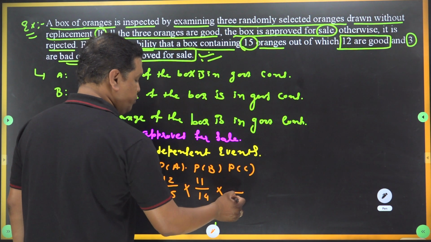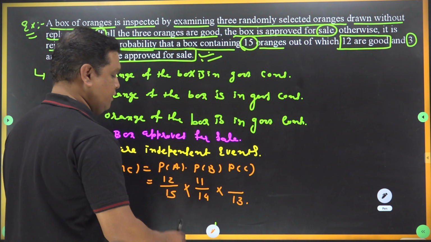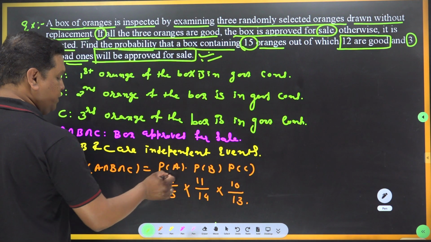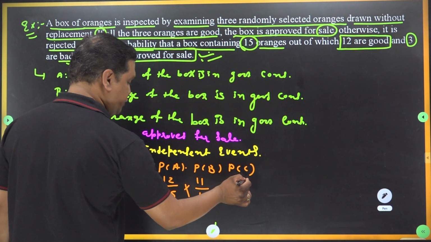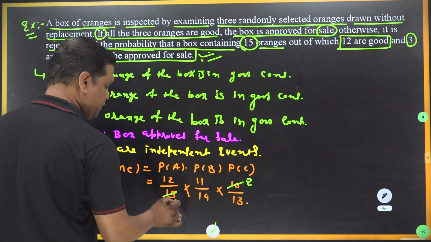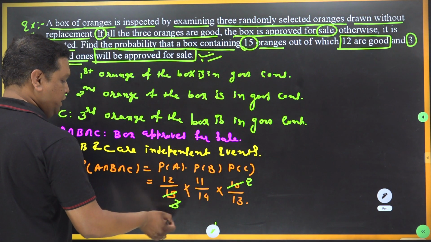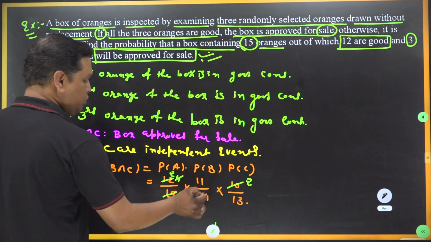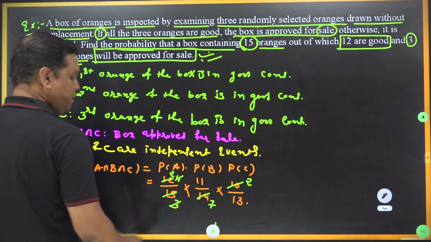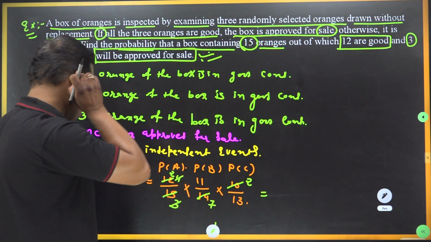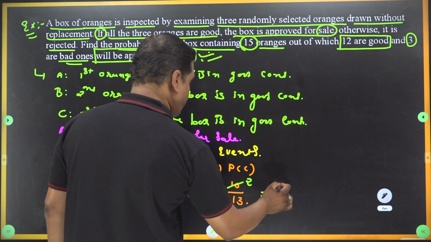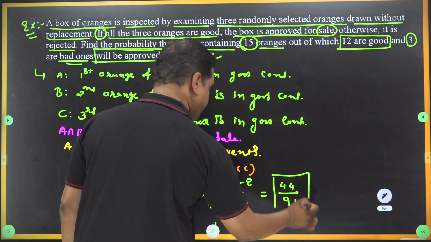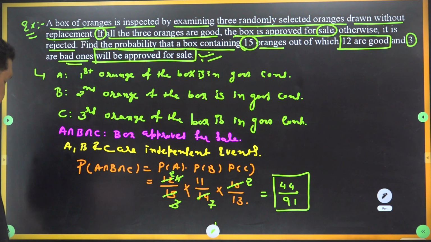Now you pick 2, so remaining are 13 and good ones are 10. Next, 5 twos are 10, 5 threes are 15, 3 fours are 12, 2 sevens are 14. So now remaining is 11 into 4 is 44, 13 into 7 is 91. Okay, take a good look once.